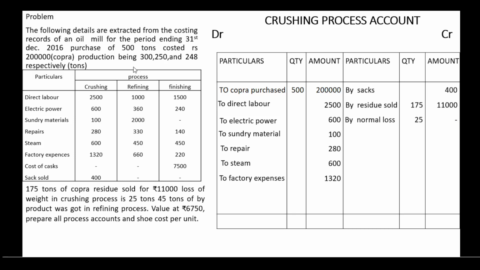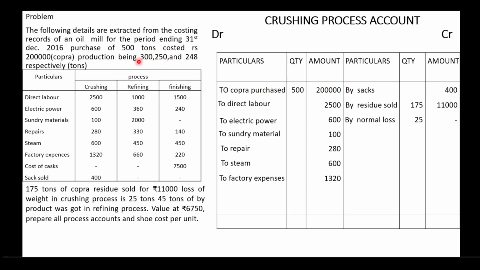And the next, here the production being 300, 250 and 248 tons respectively. And the production means that is the output.